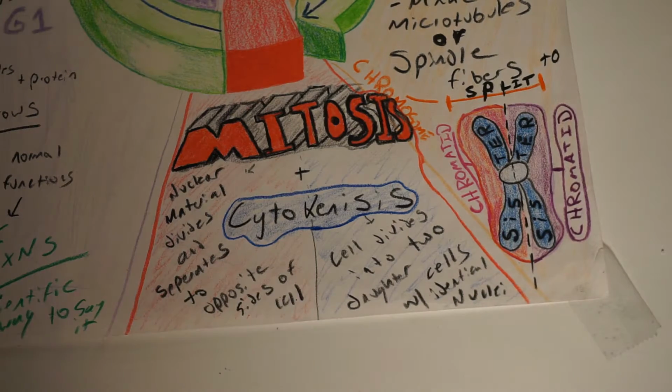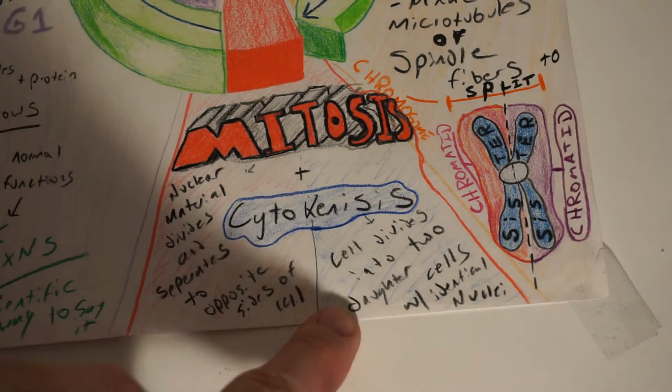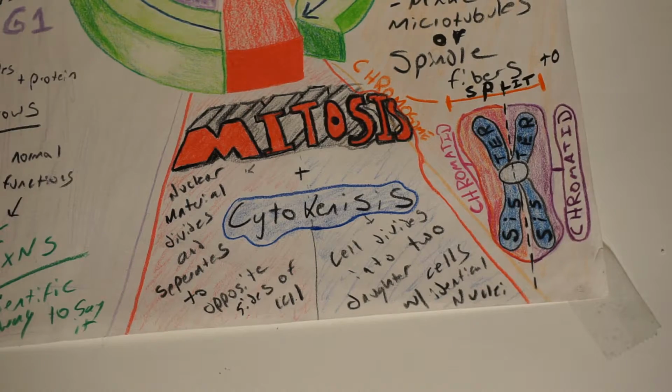Cytokinesis is where the cell actually divides and splits into two cells with identical nuclei. They are called daughter cells, not because they have a mother. They are called sister chromatids.